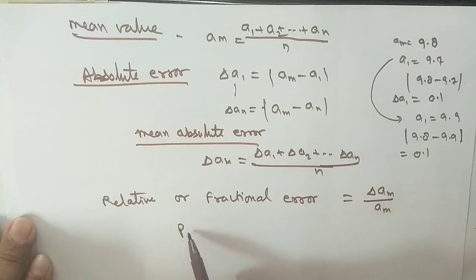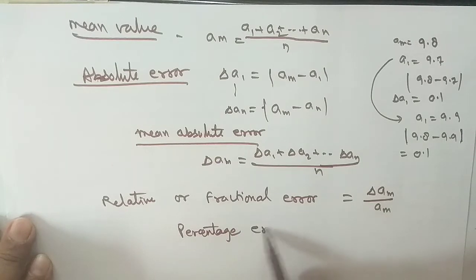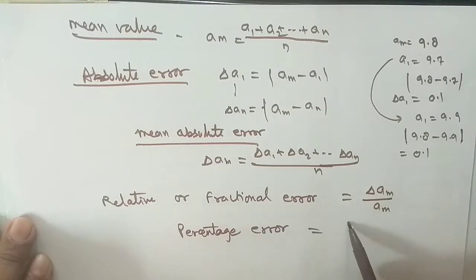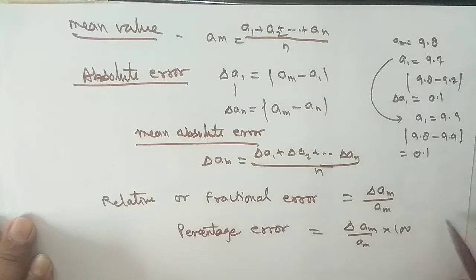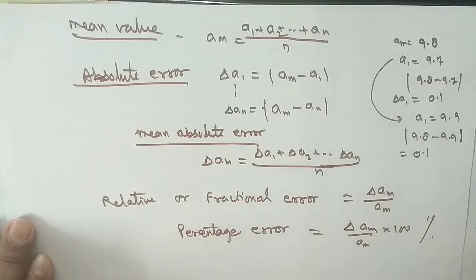Okay, and the last is the percentage error. It is equal to delta AM upon AM, just multiplied by 100. So this is the percentage error, and you will represent it in percentage. I'm taking an example also.